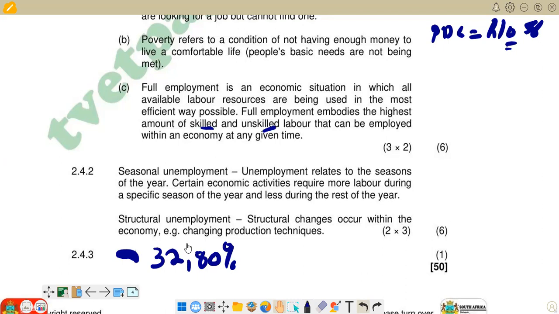So those workers cannot qualify for those types of jobs, and then they become unemployed. The unemployment has been caused by those structural changes, be it of the production techniques or the technology available at the point in time. The explanation reads: structural changes occur within the economy, e.g. changing production techniques.